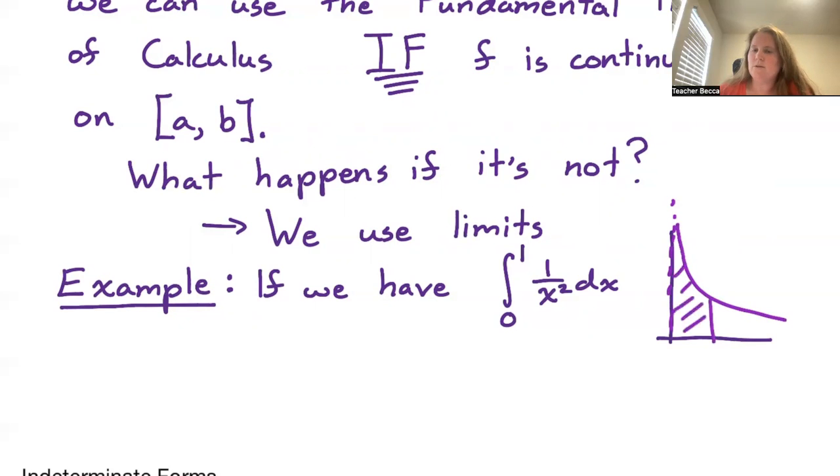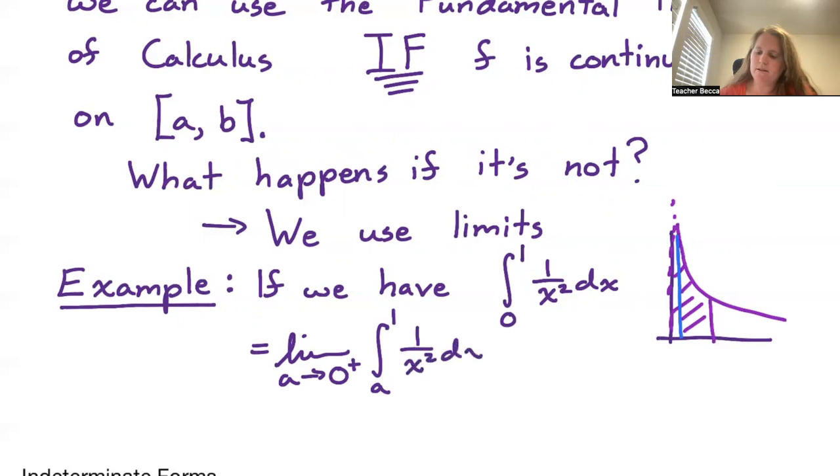So what we're going to do is pick values that get closer and closer to 0 and take those definite integrals, letting the limit go to 0. So we set this as the limit as a goes to 0 from the right-hand side of the definite integral from a to 1 of 1 over x squared dx. So we have a limit involved.